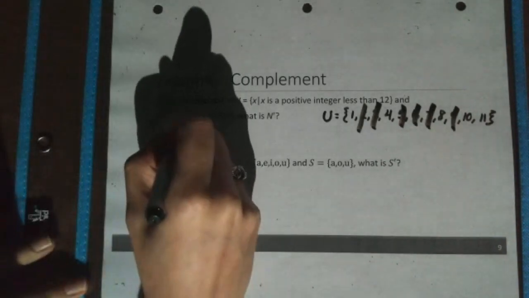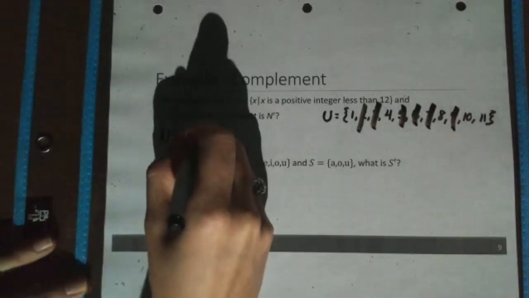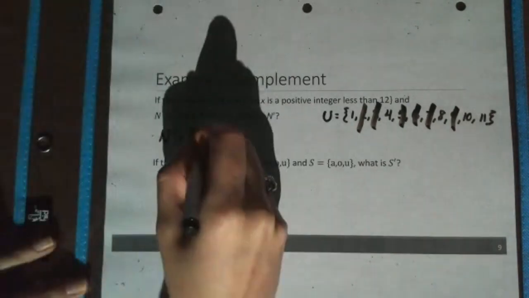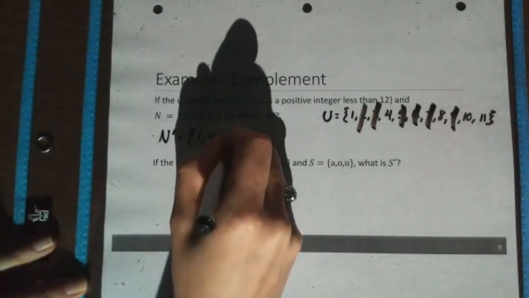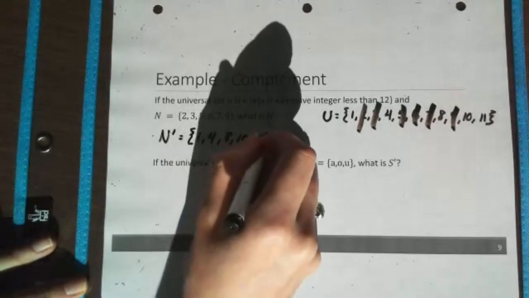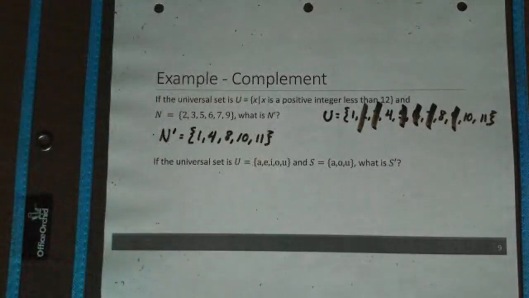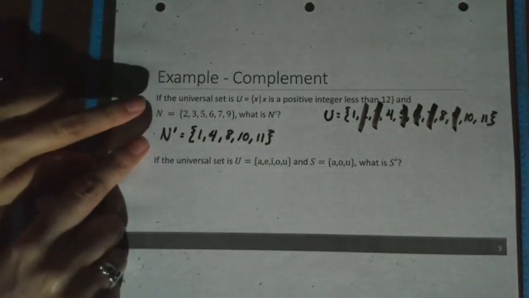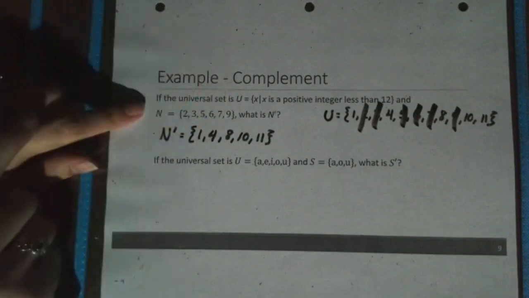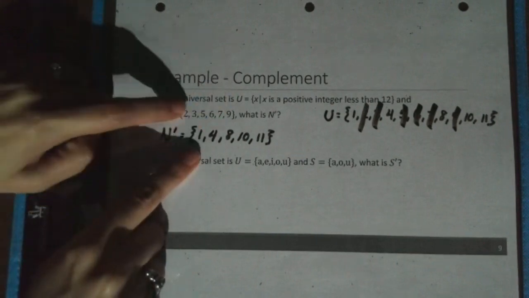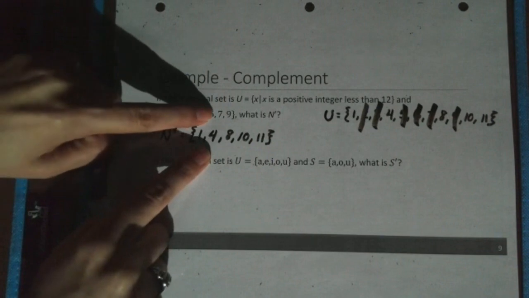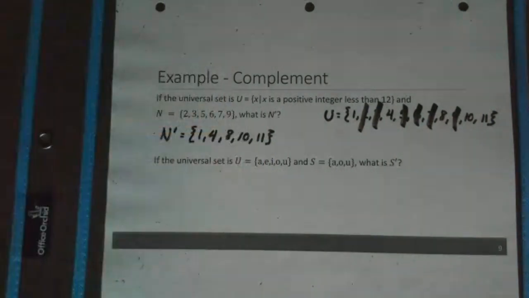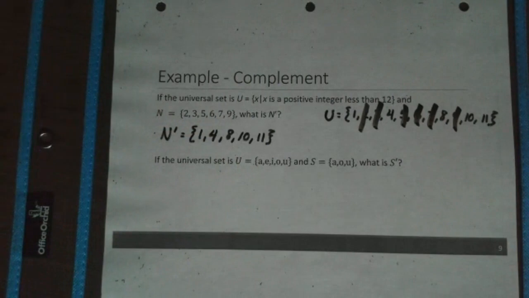So the complement of N is going to be equal to the set that contains 1, 4, 8, 10, and 11. You can always check your work by comparing the set and its complement. If you put these two sets together, you should get back to the universal set. So that'd be 1, 2, 3, 4, 5, 6, 7, 8, 9, 10, 11. That's my universal set.